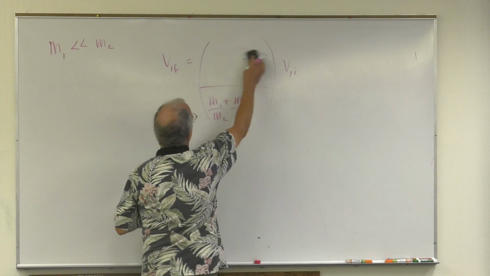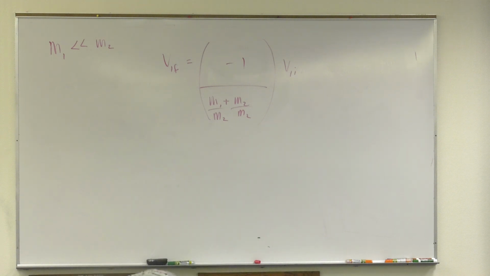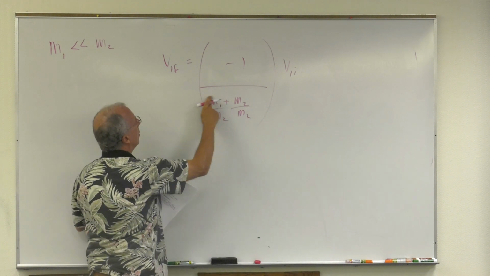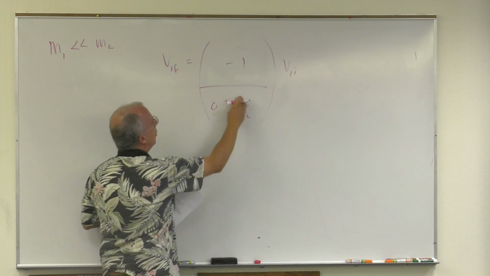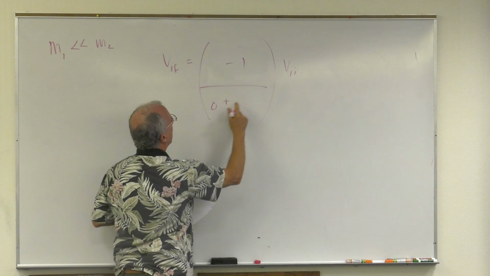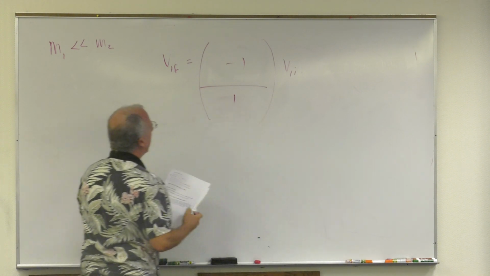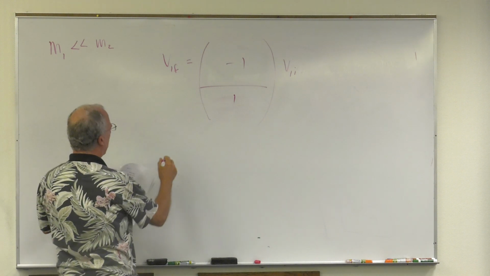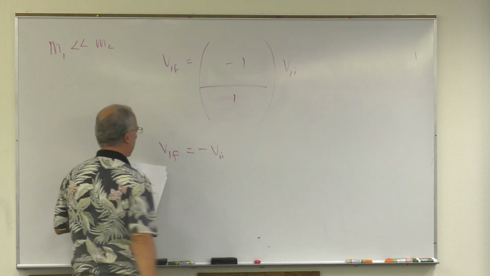Minus 1. What's M1 over M2? 0. What's M2 over M2? 1. What's 1 plus 0? 1. What's negative 1 over 1? Negative 1. So therefore, V1 final equals minus V1 initial.